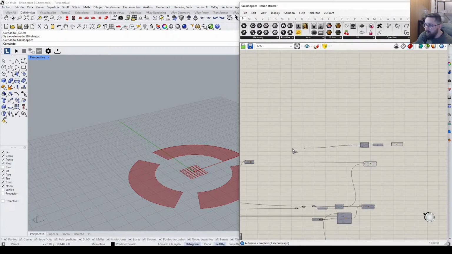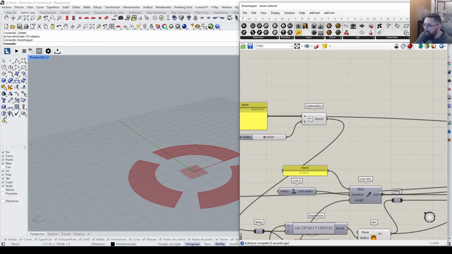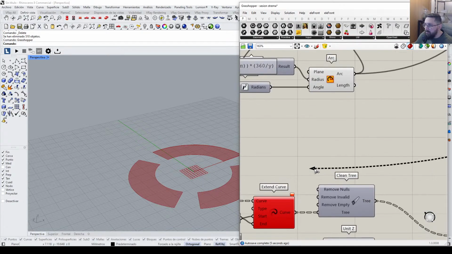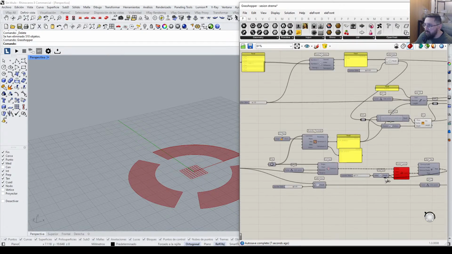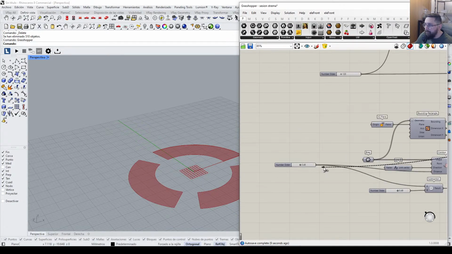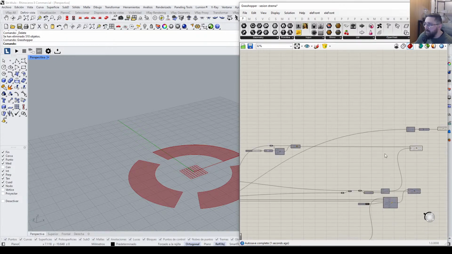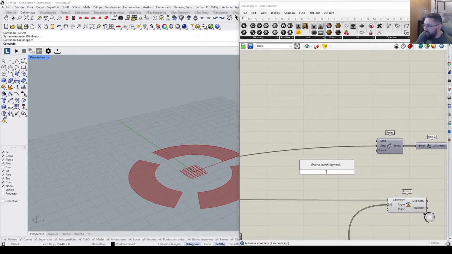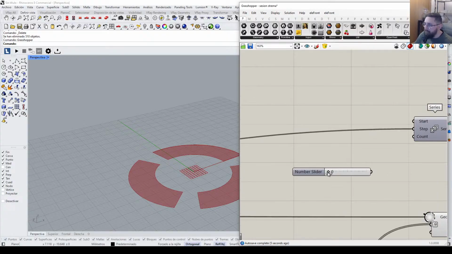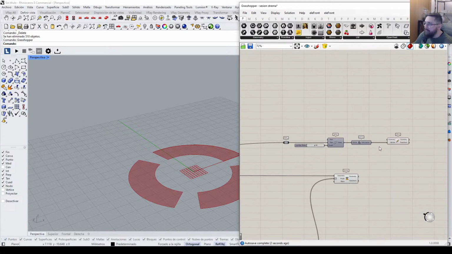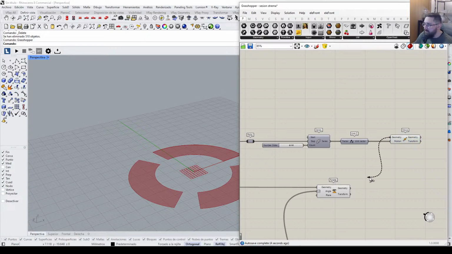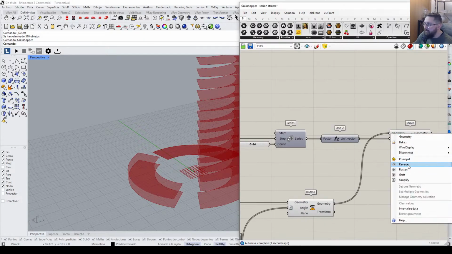The distance is going to be that contour thing. Where are you? Contour. Here. I need to fix this afterwards. No shame today. Geometry is going to be this. Graft.